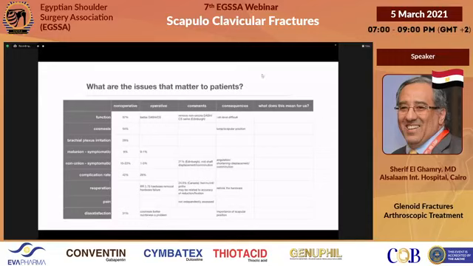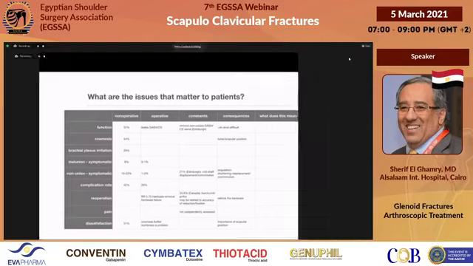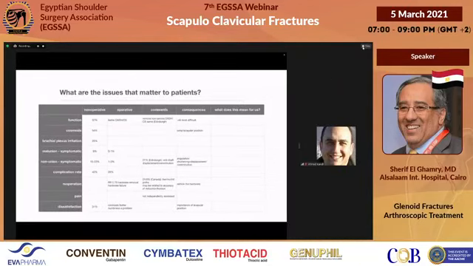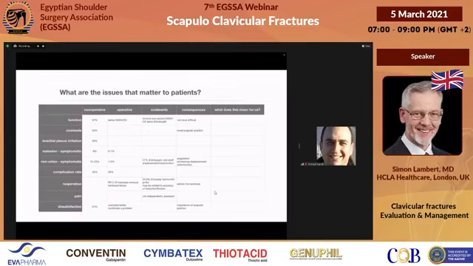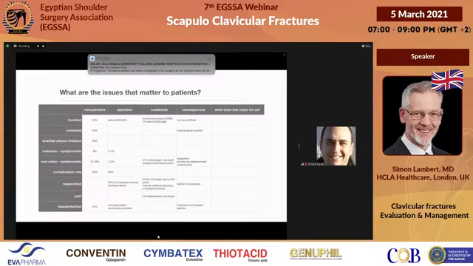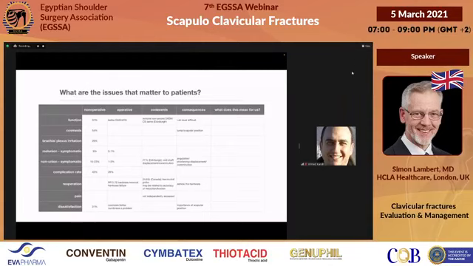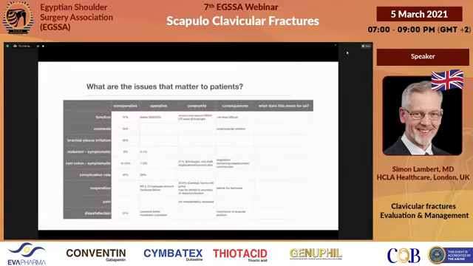And another third, that's a high percentage, will have symptoms if you ask them about brachial plexus irritability, particularly of the lower cord, the lower trunk and medial cord, giving symptoms into the forearm and the ulnar border of the hand. We also know that non-union can be symptomatic, and interestingly, malunion far less symptomatic, which is intriguing if you discount malunion associated with brachial plexus irritability or subclavian venous compression.